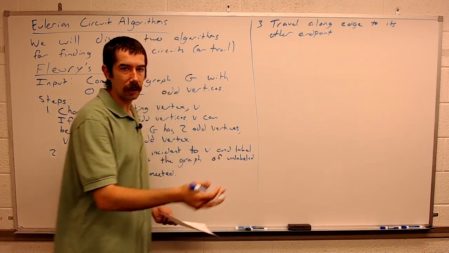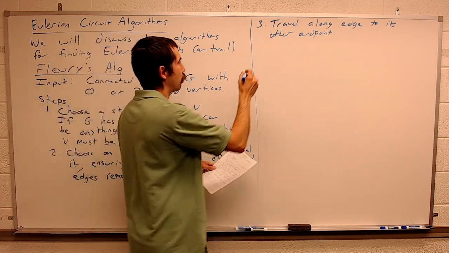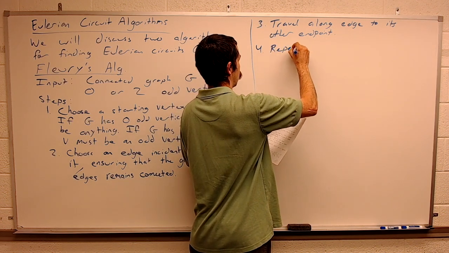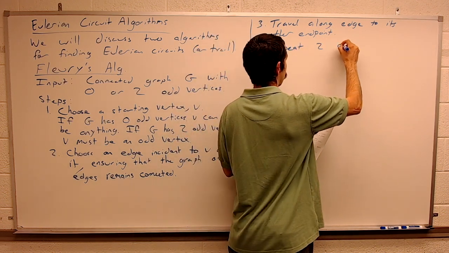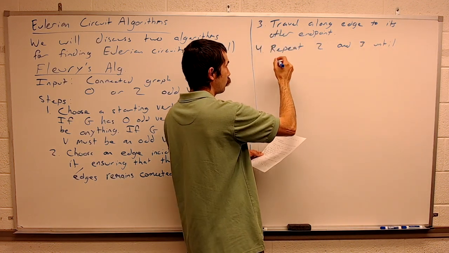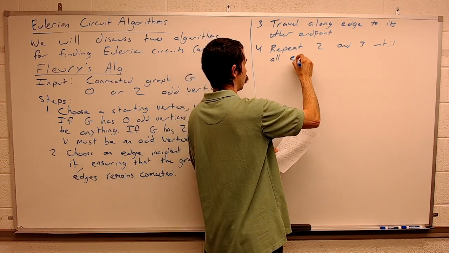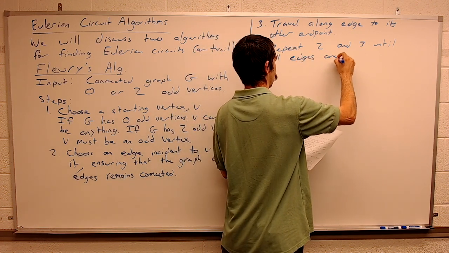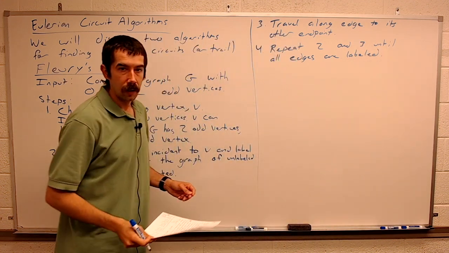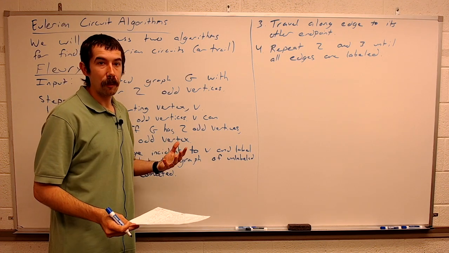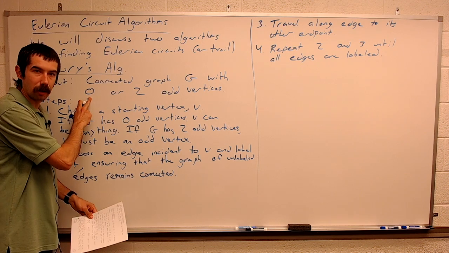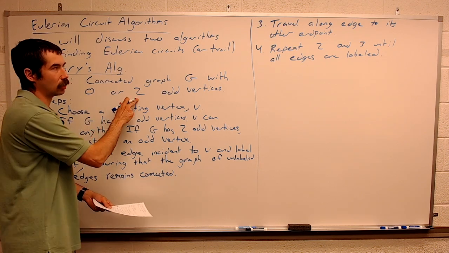All right, so we're going to travel along the edge to the other endpoint, and then our last step is repeat 2 and 3 until all edges are labeled. Okay, so if we do this, we will either get an Eulerian circuit in the case of when we had no odd vertices, or we'll get an Eulerian trail if we had two.